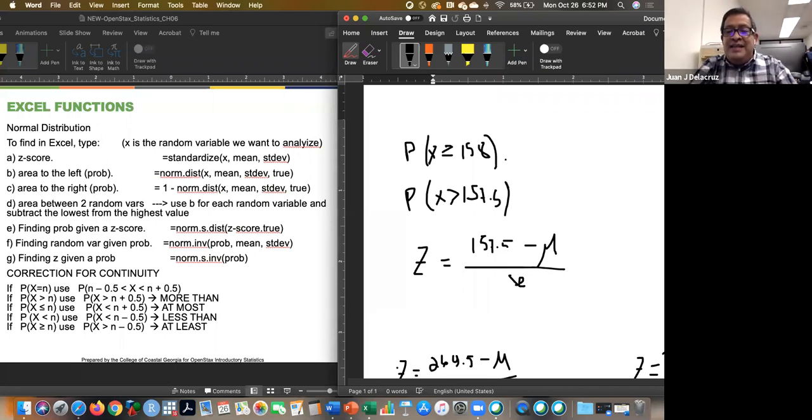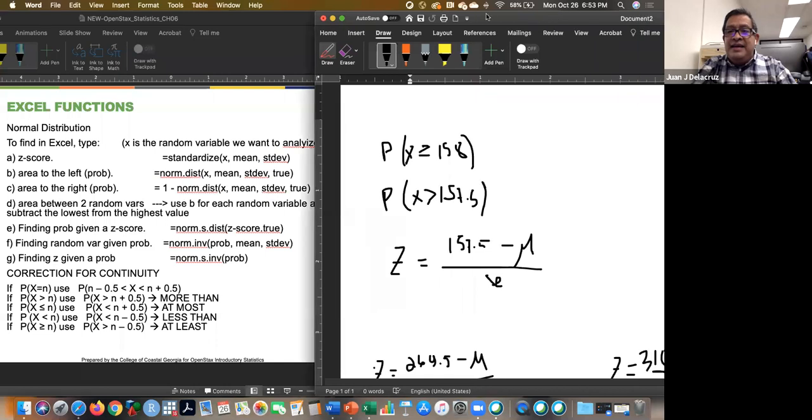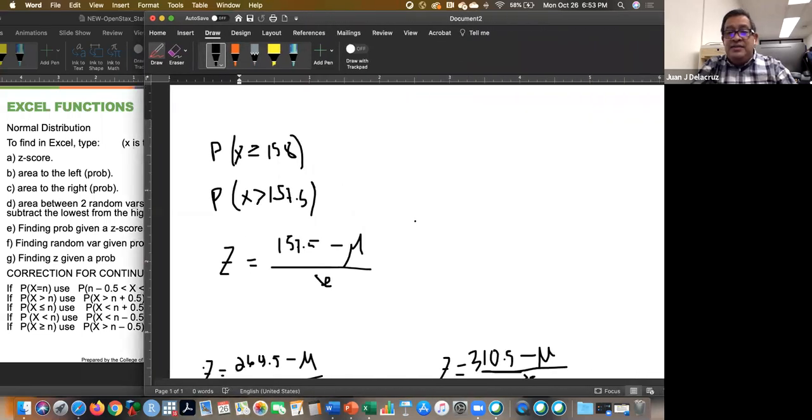So we are going to find the area that lies to the right of 157.5, right? If I had a graph here, I have my normal distribution. I don't know mu. So this is mu. I don't know if this number is to the left or to the right. Let's say that it is here.